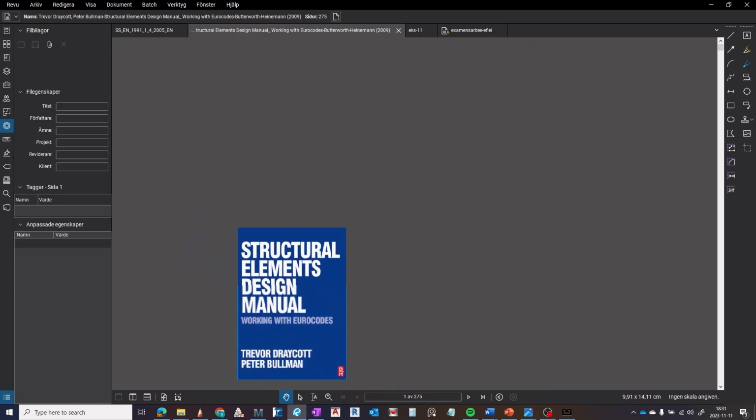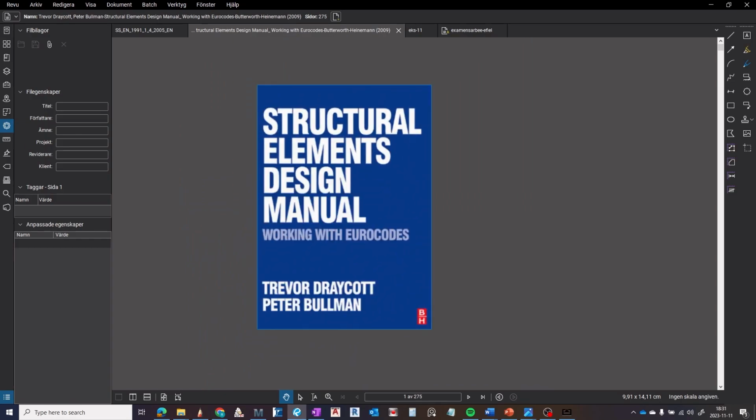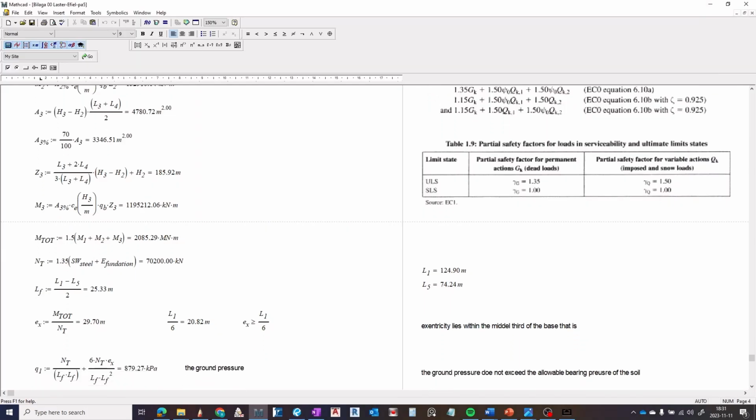You can find this kind of thing in the structural elements design manual working with Eurocodes. Yes, and you get for the total moment 2085.29 meganewton meters. I apply the Eurocode to the self-weight.